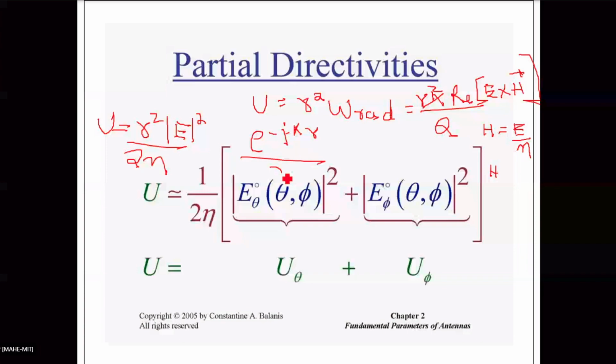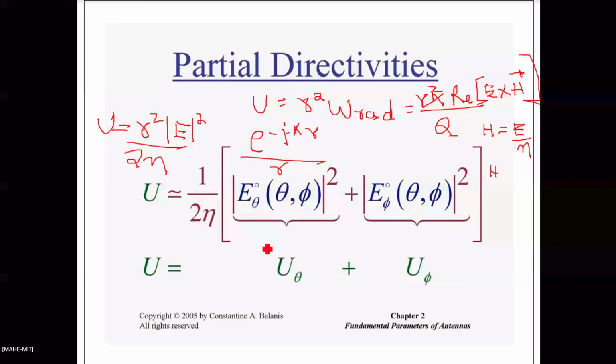Okay. Have you understood this? The R dependence is e raised to the power of minus jkr by r. Last class I told you. Do you remember? Yes, sir. So what is the magnitude of e raised to the power of minus jkr? That is 1. And R square will come in the denominator.